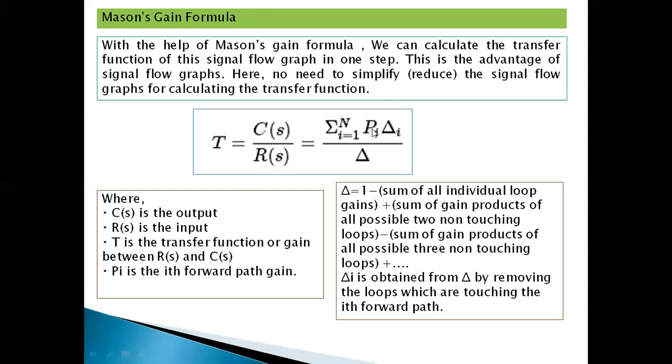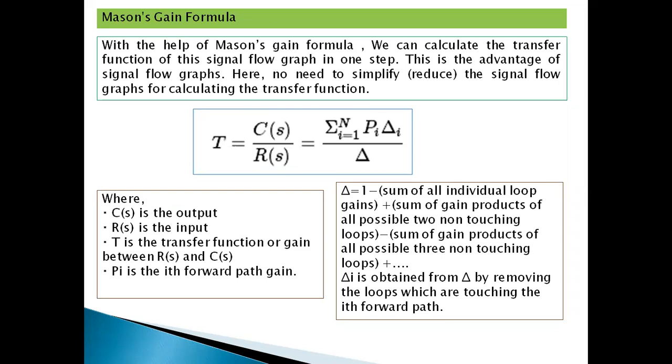In the case of block diagram reduction, we have to apply some block diagram algebra rules, and follow a step-by-step procedure to get the overall transfer function. But there is no systematic procedure to get the overall transfer function.